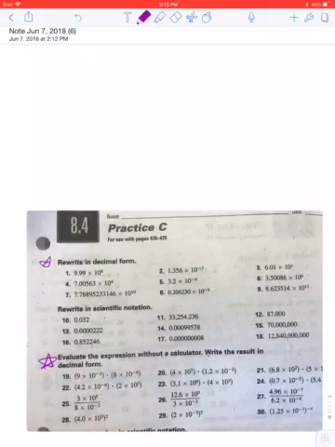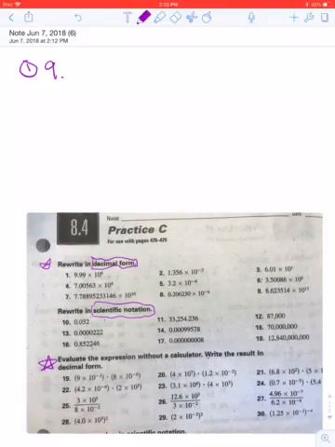But as far as up here goes, we have two kinds of forms with this. We have decimal form, which you're used to, and we have scientific notation, and you have to be able to move back and forth seamlessly between the two. So for number one, we have 9.99 times 10 to the 6th, and that just means we need to move the decimal place 6 places to the right.